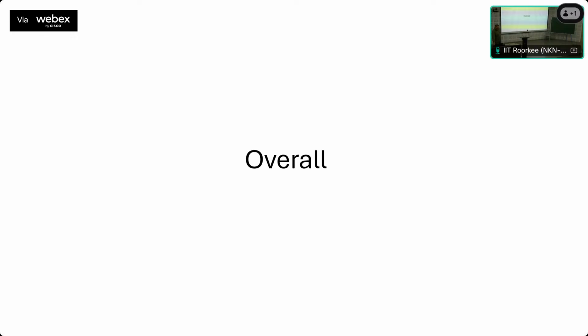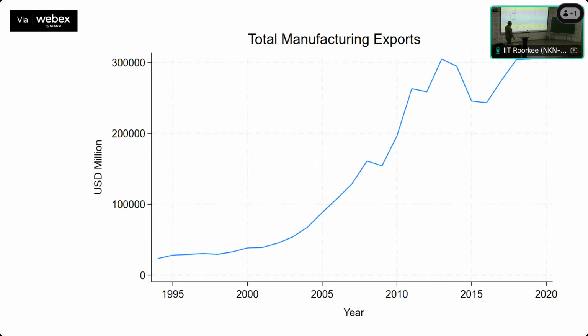overall exports. What happened to overall exports? So I stopped before COVID. This is in US $1 million. I have stopped before COVID because COVID gives you different sorts of effects. There was a big dip here as well in 2008 and 9, not much, but you can see.